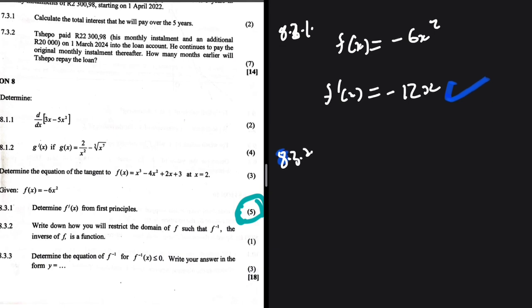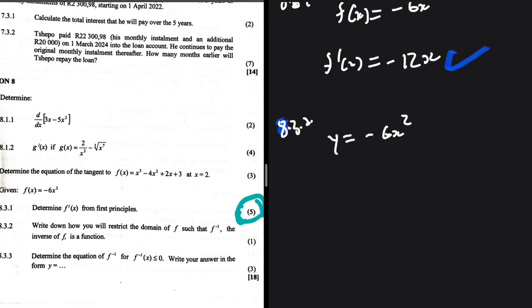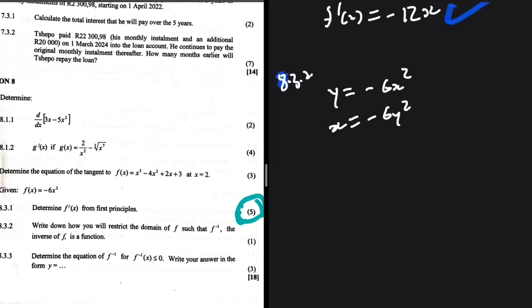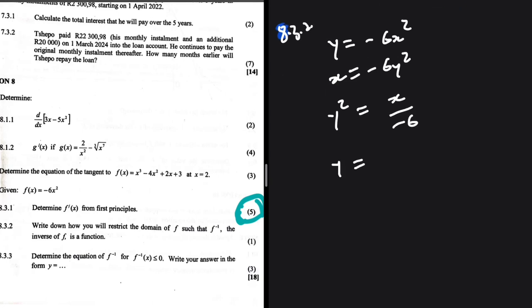So y equals minus 6x squared. So the inverse is x equals minus 6y squared. So we end up with y squared equal to x divided by minus 6. So y equals plus or minus the square root of x divided by minus 6.